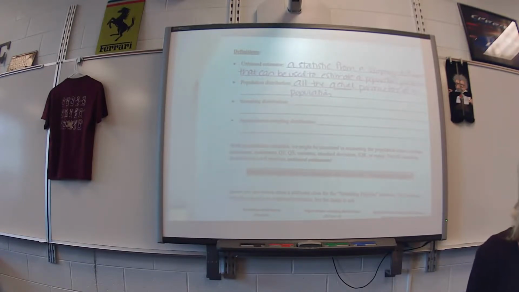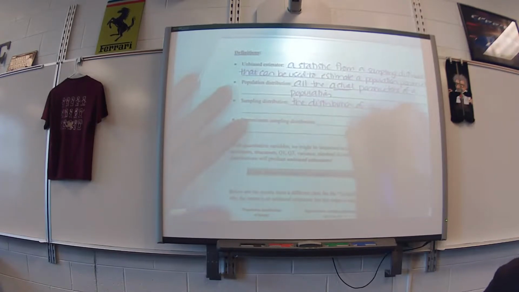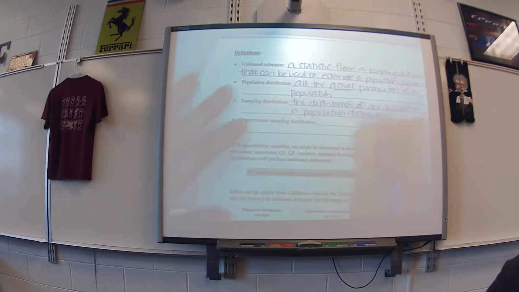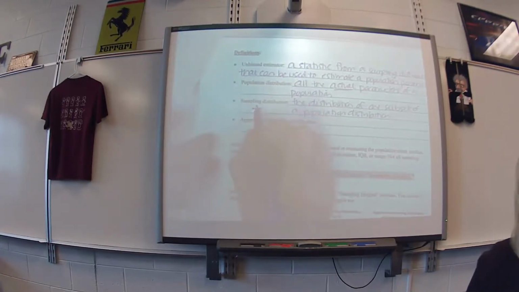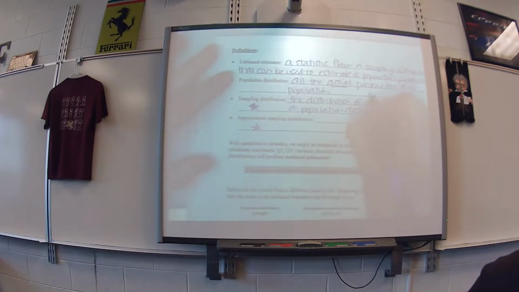A sampling distribution is the distribution of one subset of a population distribution. And I'm going to put a star here because this is actually what we're going to make. I need to amend my definition because I just wrote the definition for the approximate.